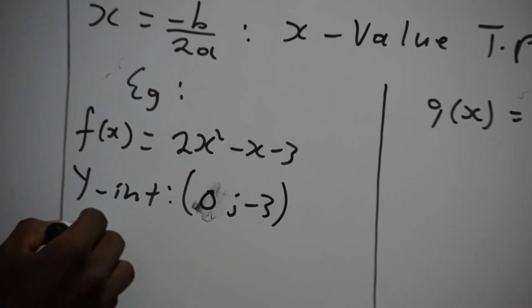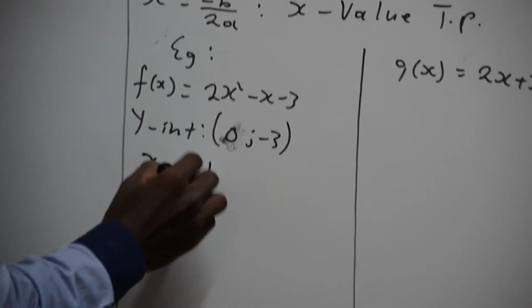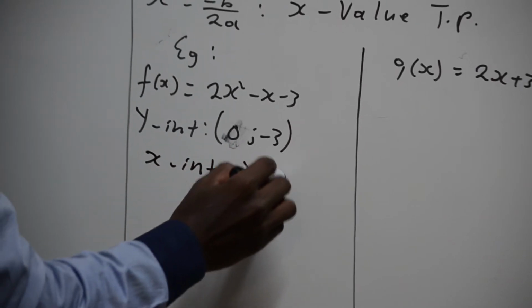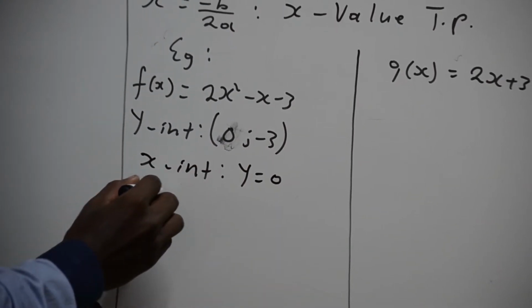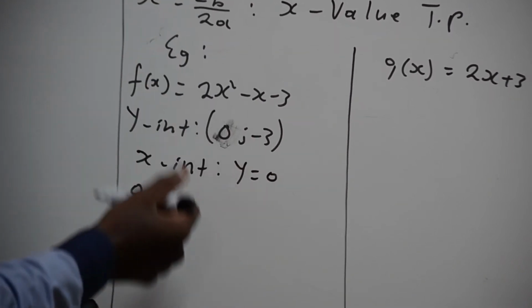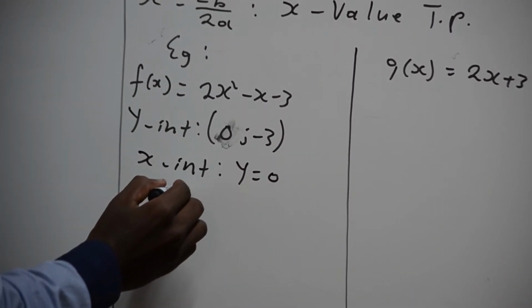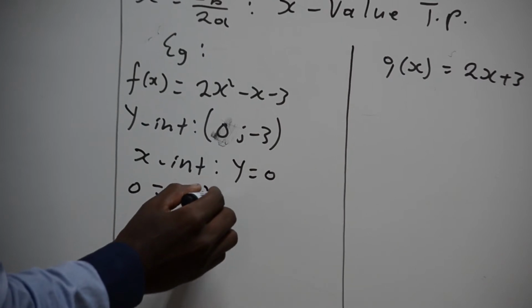Coming to the x intercept, the x intercept y wakho goes 0, which is the same as solve for x, because in place of y, which is f of x, you put 0, then you have to solve for x.